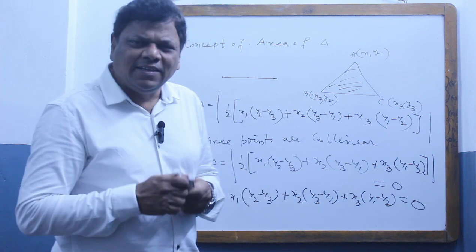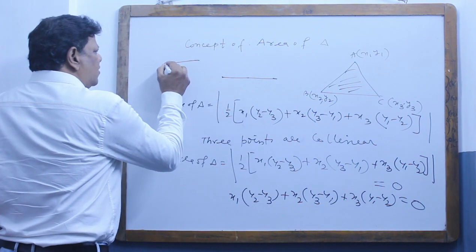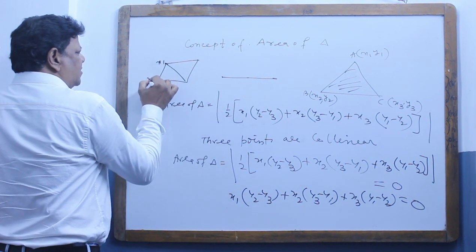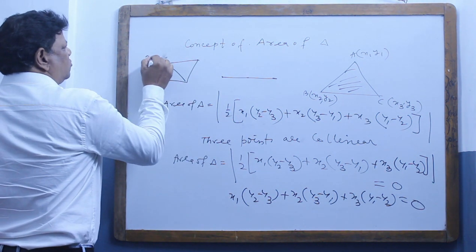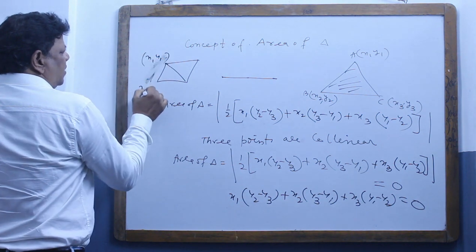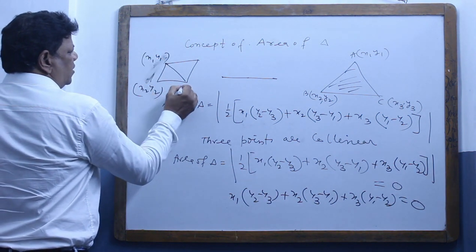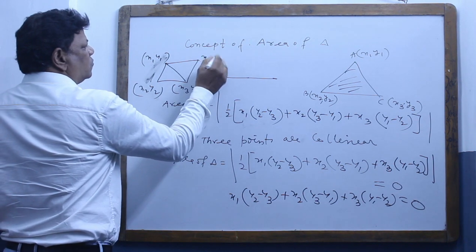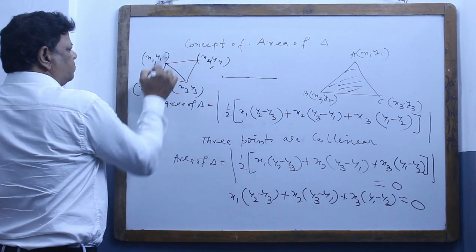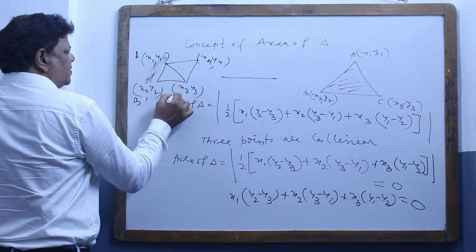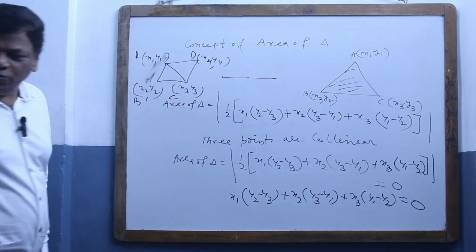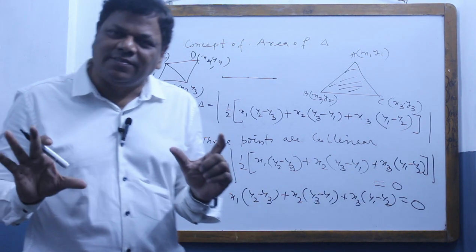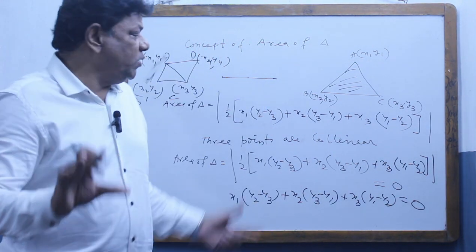One another thing, let one more coordinate be given. x1, x2, y2, x3, y3 and x4, y4. See here, it is A, B, C and D. Now how to do this? For a quadrilateral there is another formula, but I can do it with this only.